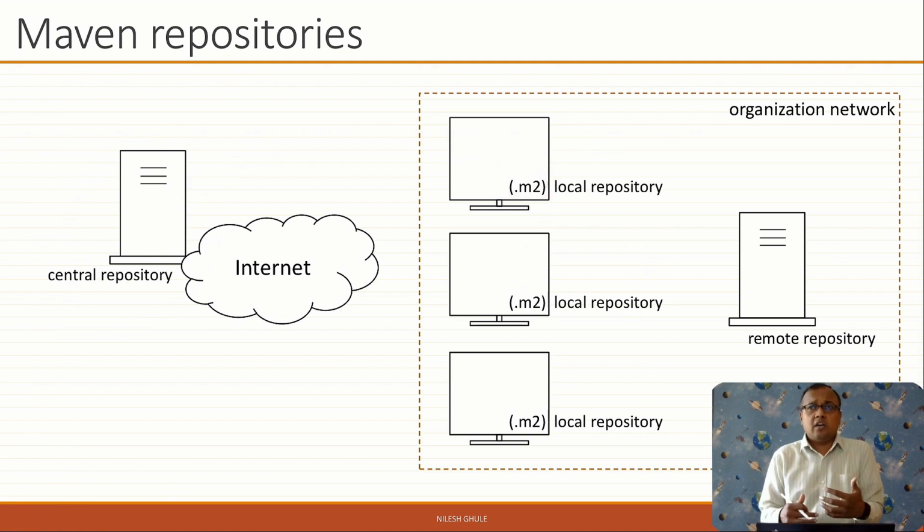If you are on a Linux sort of environment, then it should be under /home/username/.m2. Please note that the name starts with a dot, so it is a hidden folder in Linux. If you want to see that, you might need to enable hidden folders in the Linux file explorer.